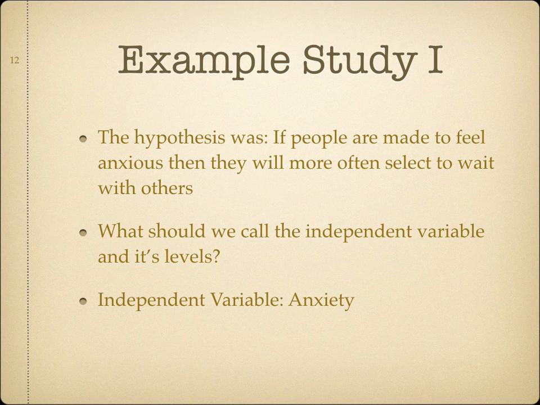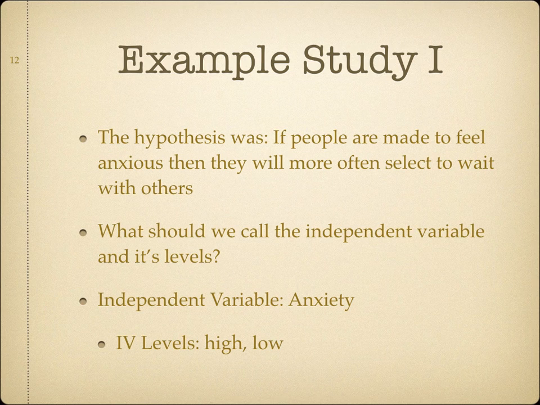And then that has levels. You have a variable name, anxiety, but it has levels of high and low. Now, this is an important thing to note: the variable name is not high anxiety, and the variable name is not low anxiety.